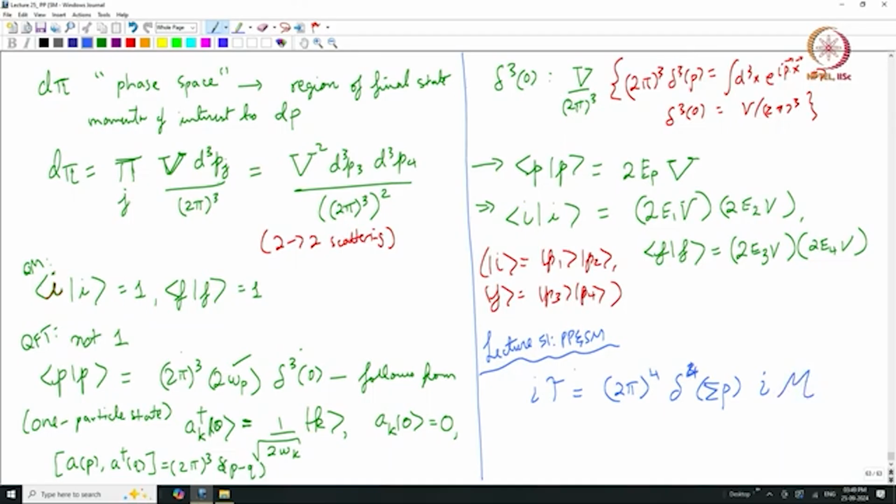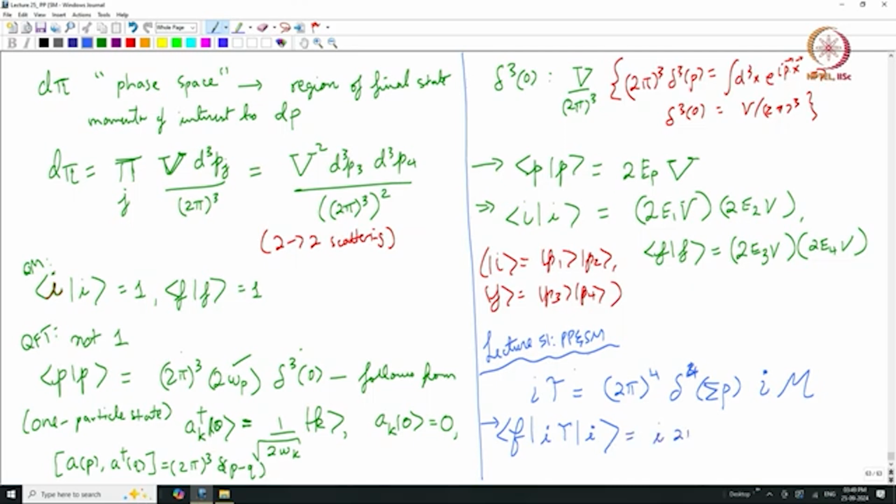Okay. So that M is related to the matrix element. How is that? Because now I can write the actual transition amplitude. What I first wrote was a transfer matrix, right?